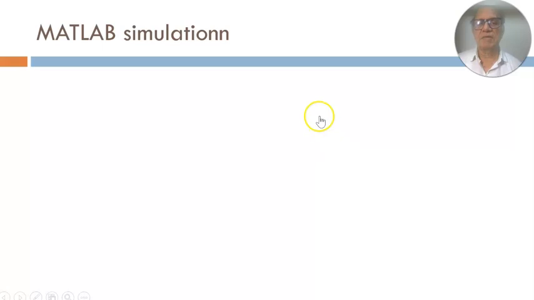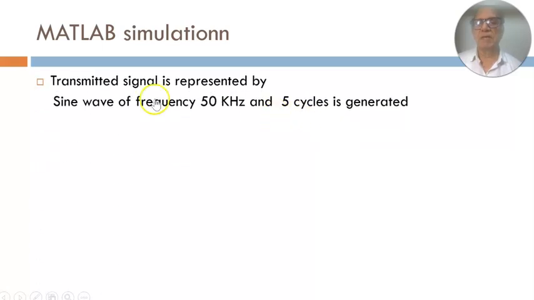All right. So in the MATLAB simulation, what are we going to do? We said that we are generating an ultrasonic signal, which means it is above the audio range, about 20 kilohertz. So in this particular simulation, I am choosing a frequency of 50 kilohertz, certainly above 20 kilohertz, and 5 cycles are generated. We use 5 cycles just to keep things simple, so that the waveforms can be easily seen.